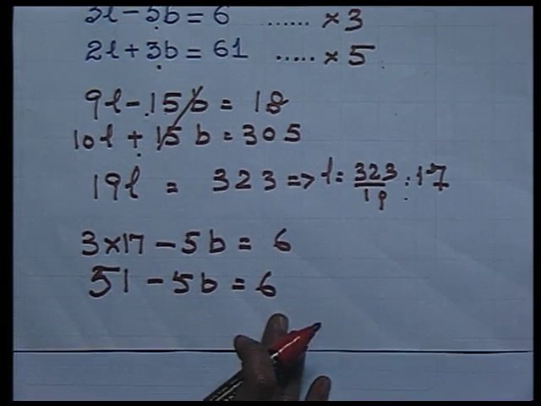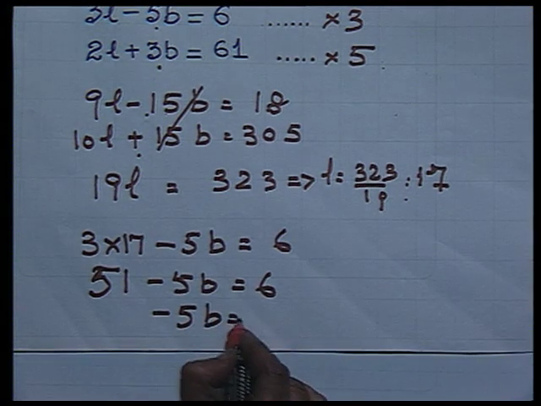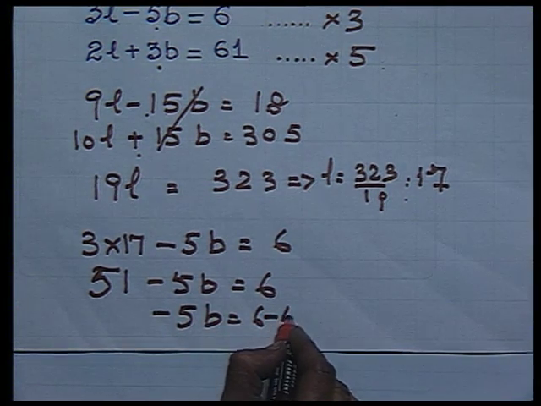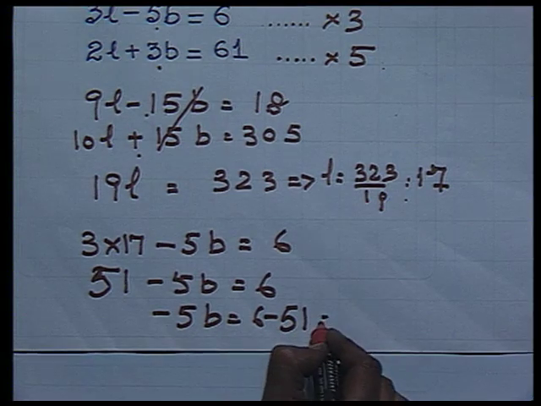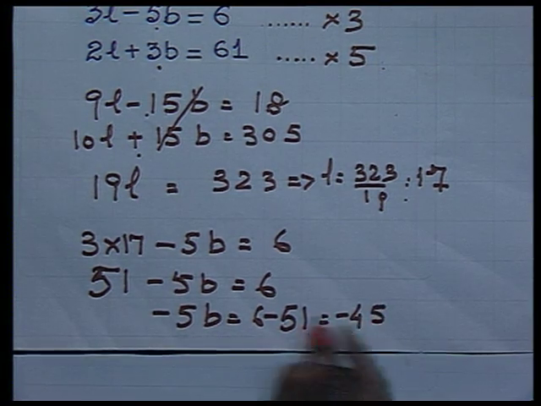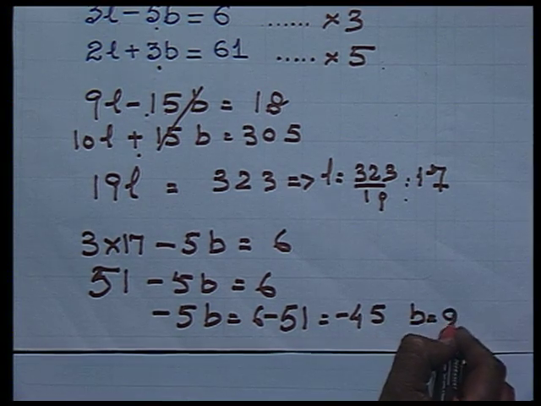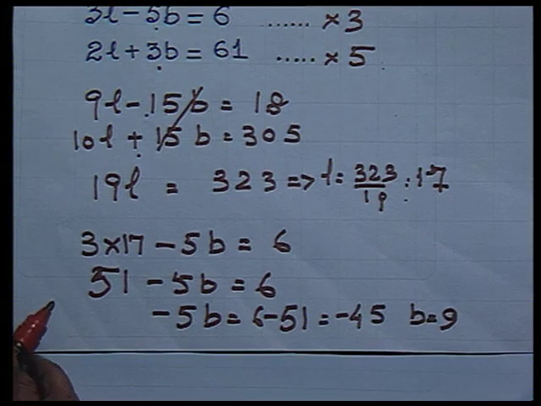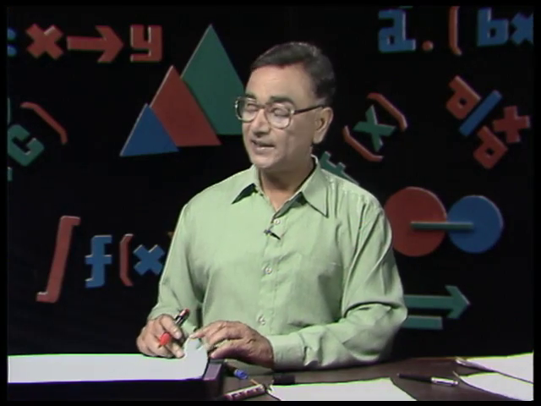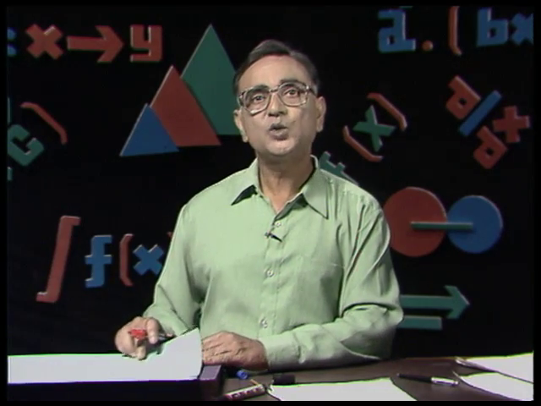Solving it further, I get minus 5B equals 6 minus 51, which is minus 45, and the value of B comes out to be 9. So, here we got the length as 17 units and the breadth as 9 units.